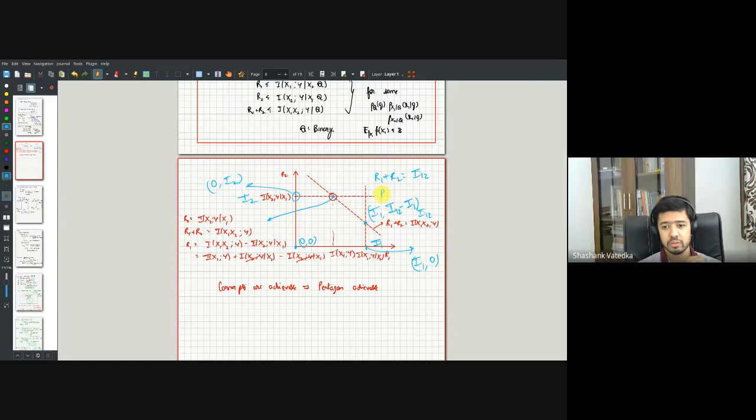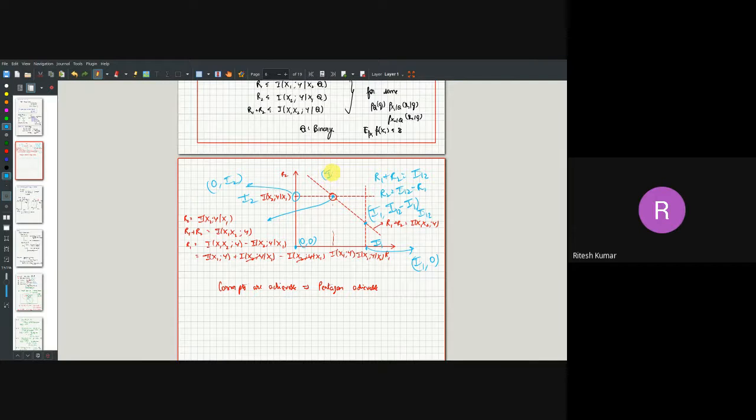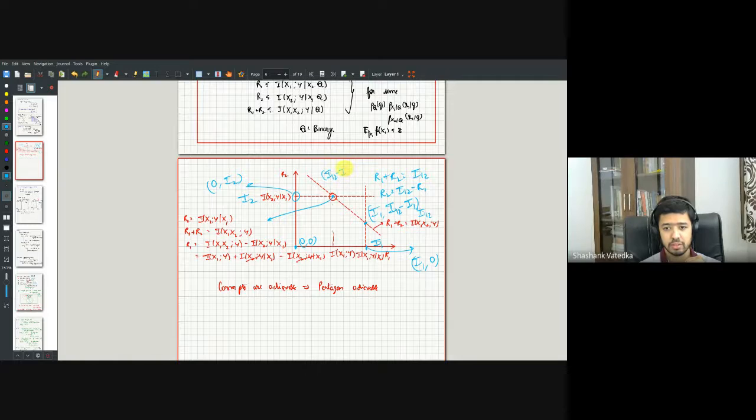So R2 is going to be I12 minus R1, but R1 is equal to I1. So it's I12 minus I1. So similarly, what is this point going to be? I12 minus I2 and I2. Exactly. I12 minus I2 and I2.